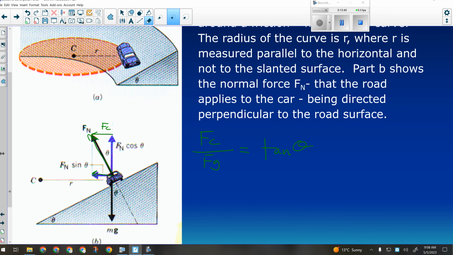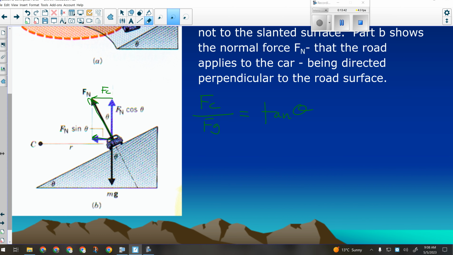If I plug in those two formulas and divide them, the masses cancel and g ends up beside r, and I get the angle at which I can bank the corner.